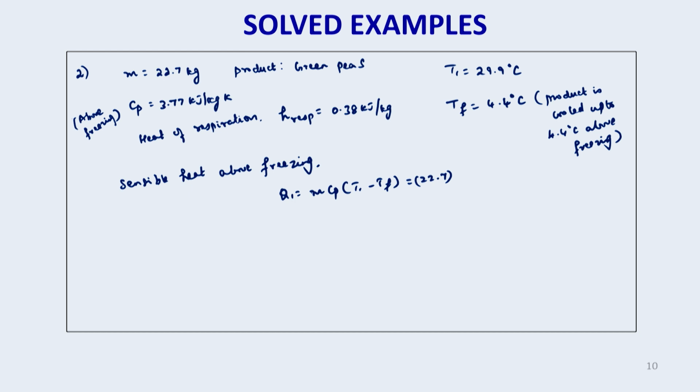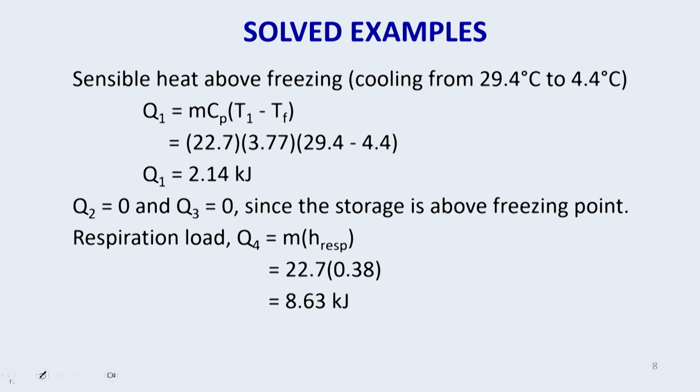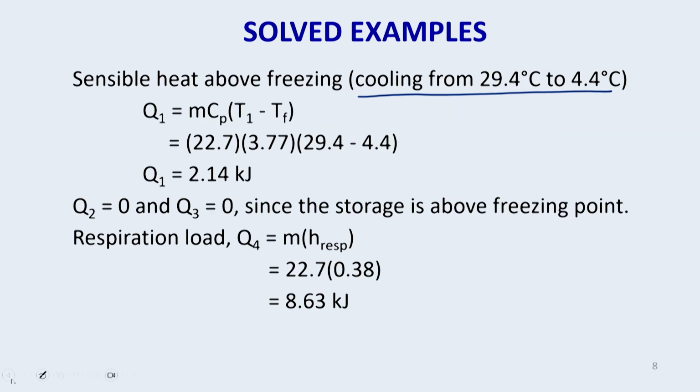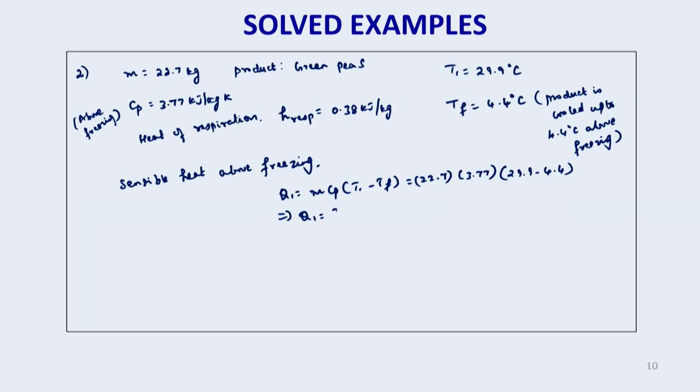Only one value of Cp is given, that is above freezing, 3.77, into delta T. T1 is 29.4, Tf is 4.4. Though it is not the freezing point, since we are using the standard formula, we take T1 and Tf, cooling from 29.4 to 4.4. So Q1 comes to 2.14 kilojoule.